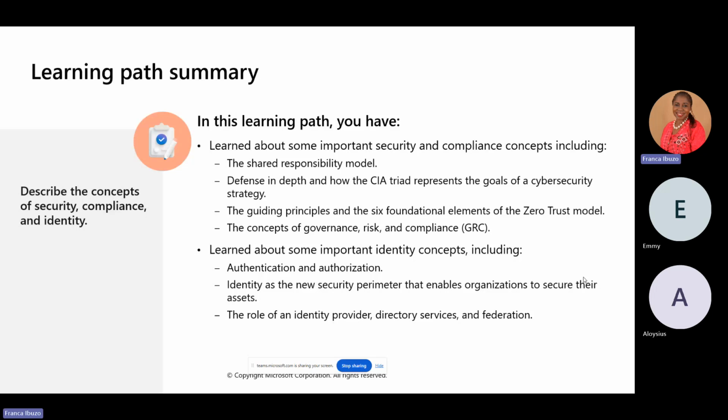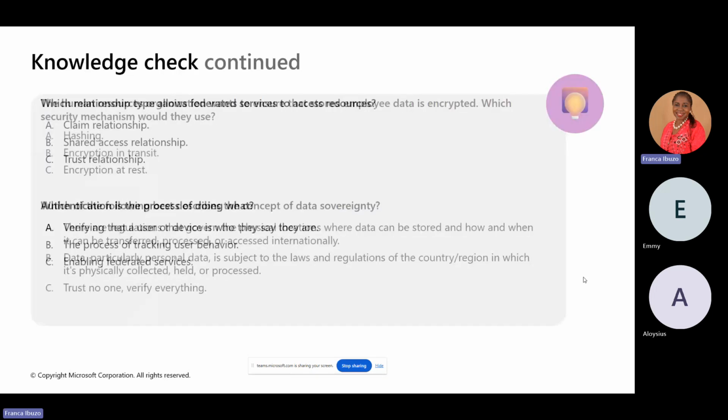We learned about some important identity concepts, including authentication and authorization. We've gone through this several times, so we should all know what they mean. Identity is the new security perimeter that enables organizations to secure their assets, and we covered the role of an identity provider, directory services, and federation. So we went through all that.